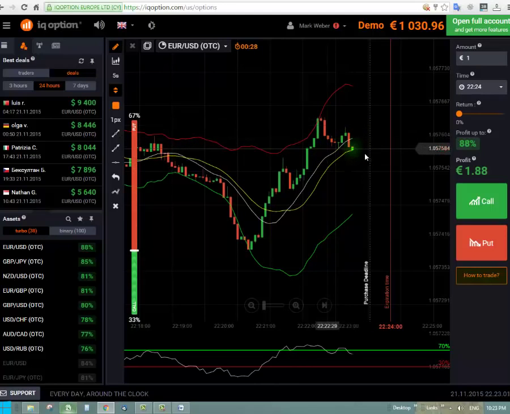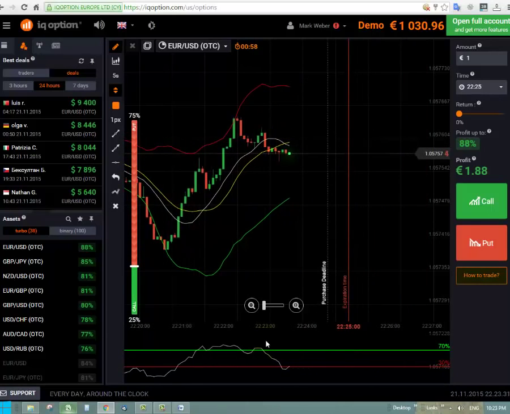It's called no man's land area, because you don't know what the price will do. Keep in mind the RSI indicator also, if it is overbought or if it is oversold. If it is overbought, then you will expect a downtrend. If it is oversold, you will expect an uptrend.